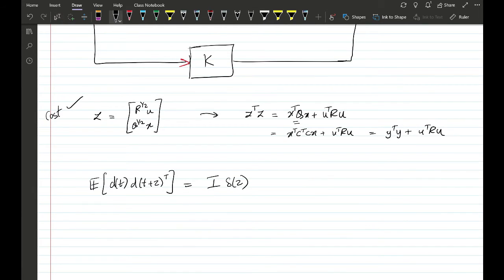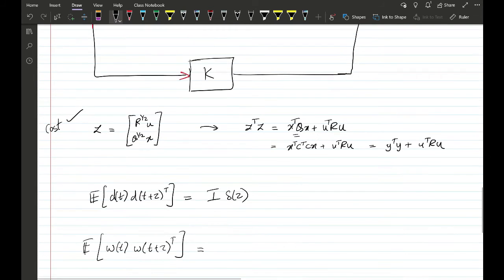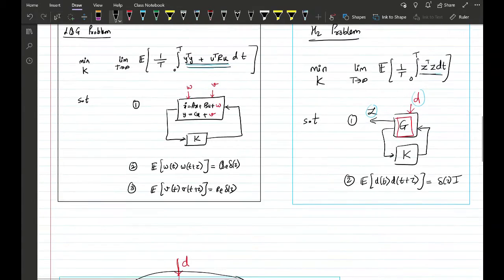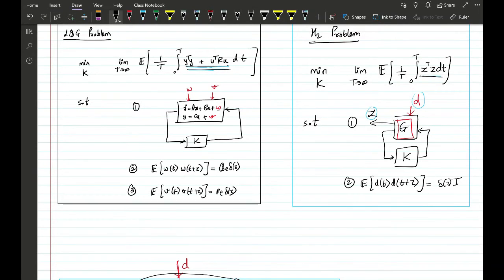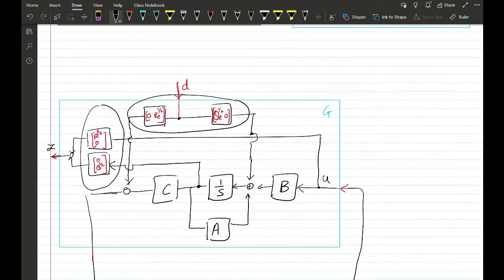That just means that the expectation of W W transposed, so now W is the disturbance entering the state equation, which is this one here, and that is nothing but D passing through this QE half 0.